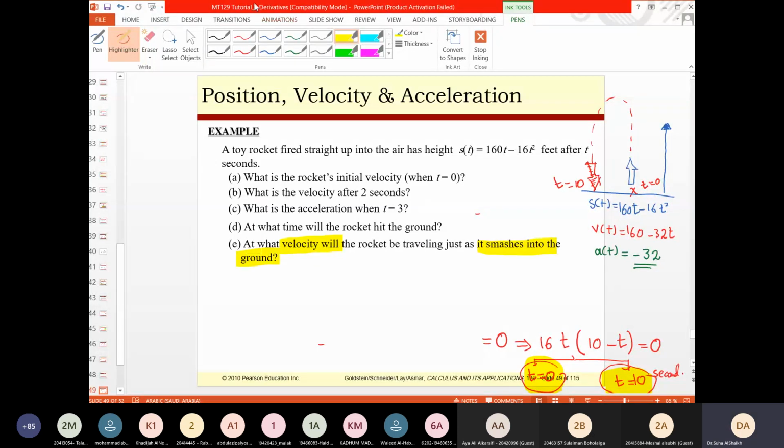Okay. How did the 10 come about? We have this equation, Osama. We have 16t times 10 minus t equal to 0. So two amounts multiplied equal to 0. Either this is zero or this is zero, right? Either 16t is zero or 10 minus t is zero. Solving this gives t equal to 0. Solving this gives t equal to 10. We should have covered those steps in chapter 1.